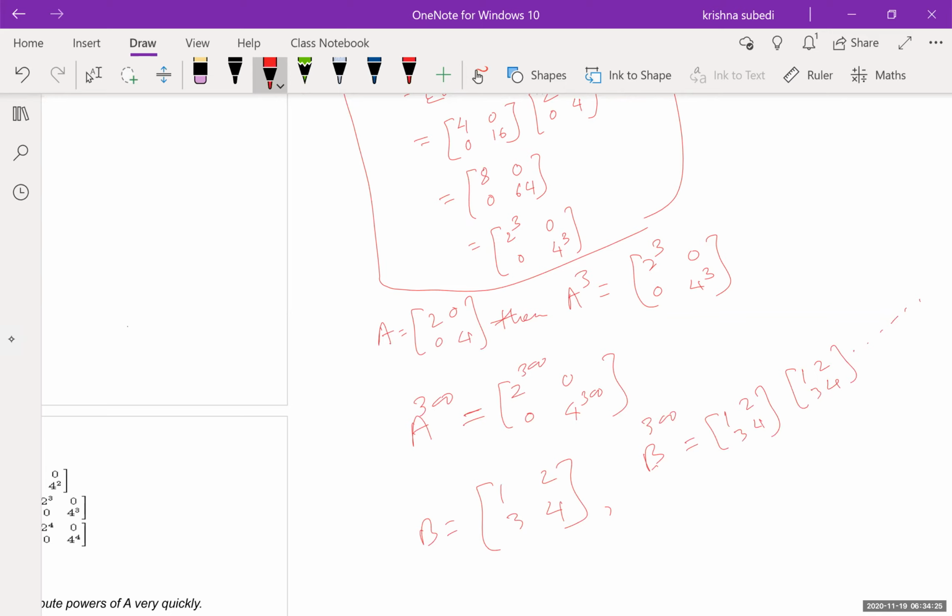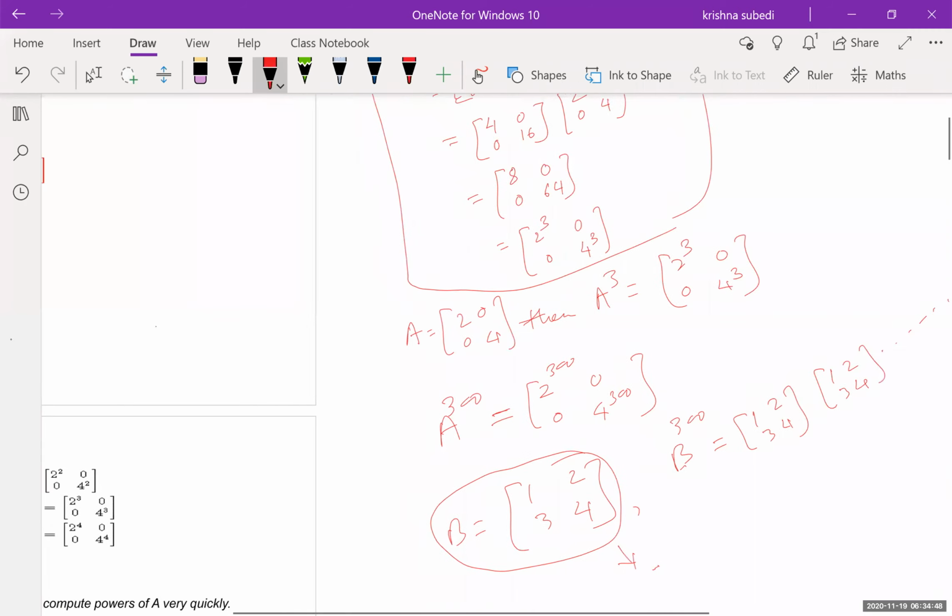It's not fun. I'm telling you, it's not fun. It takes a lot of time, maybe the whole morning or whole day, and you don't want to do that. So somehow, if we can change this matrix B into a diagonal matrix, then we can find it easily, right? That's the power. That's the beauty of diagonalization. And that's what we're going to learn now.